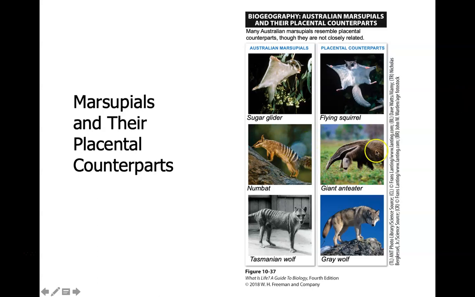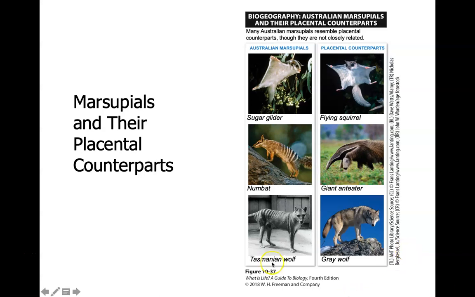Same thing with this numbat and a giant anteater. They have this similar face structure because they eat similar organisms. But the numbat is more closely related to the sugar glider because it is a marsupial, and we know that because they are more closely geographically related.